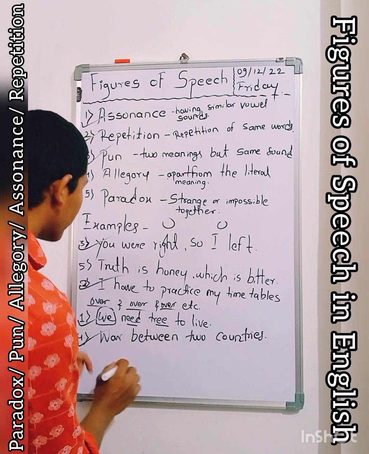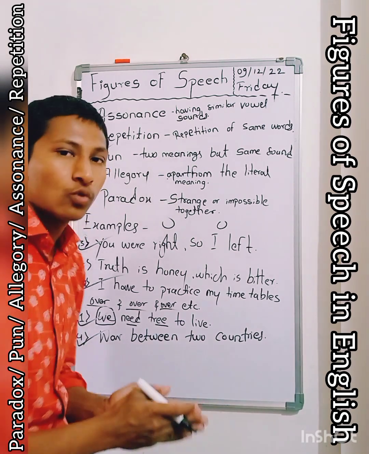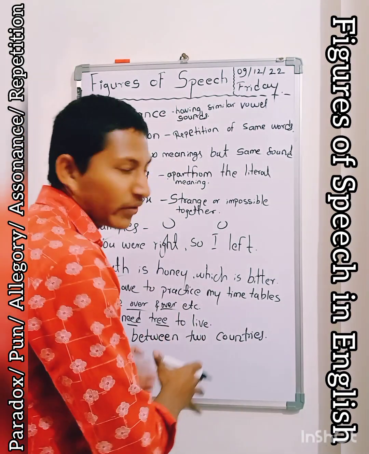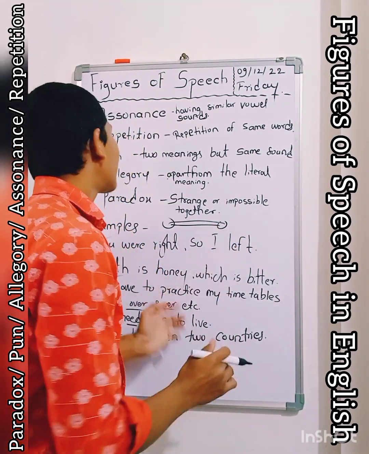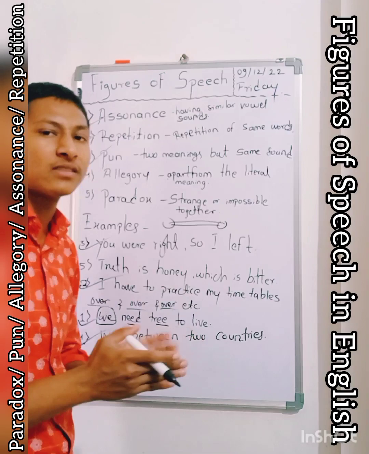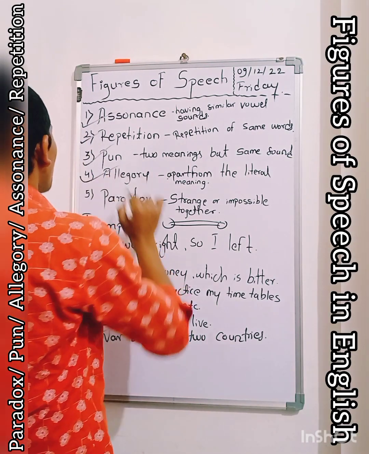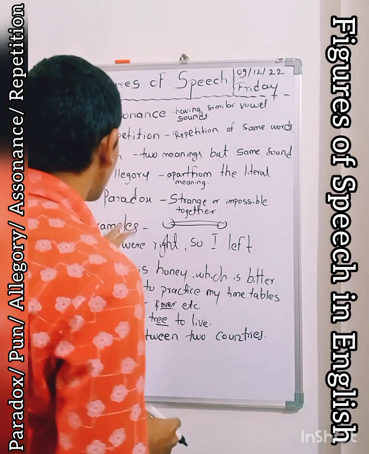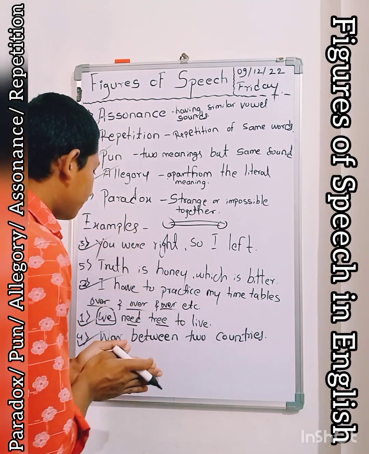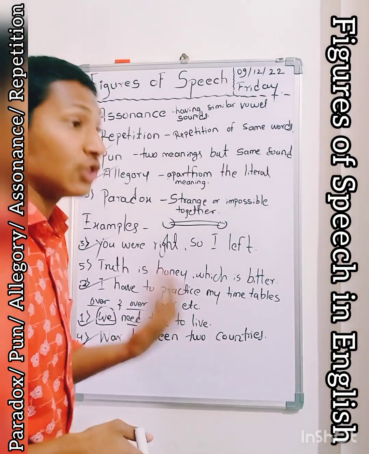How? War between two houses is called war between two countries. That is the thinking of authors and poets. So you should not be bored by studying the figures of speech. If you go on learning, then you will enjoy it thoroughly.